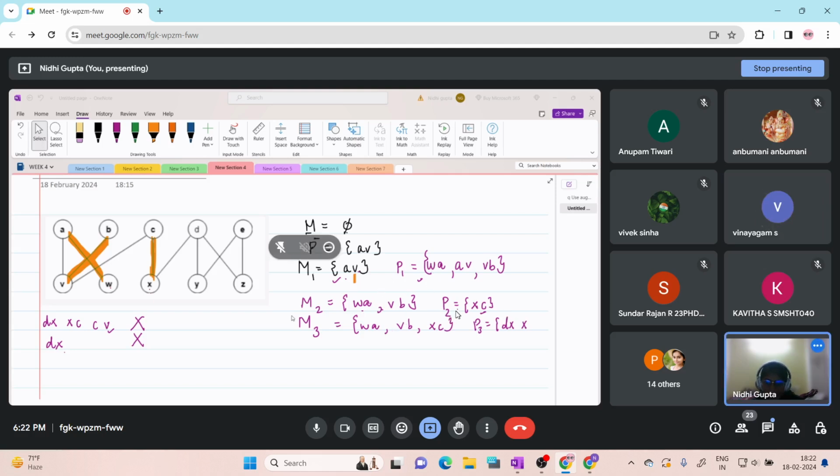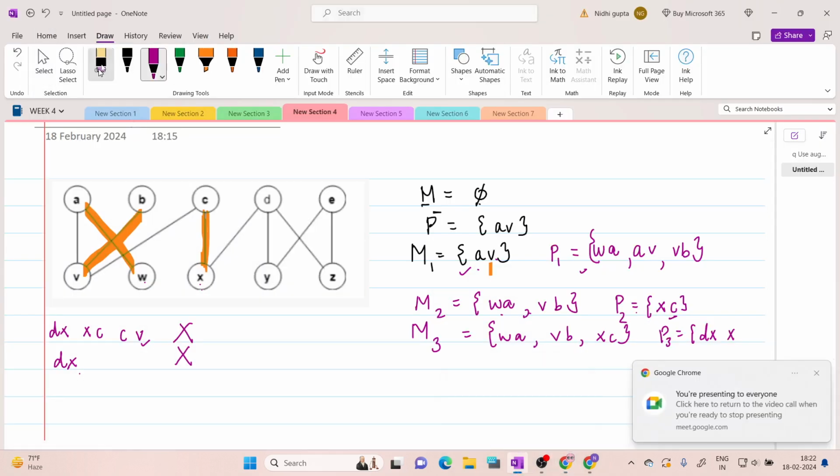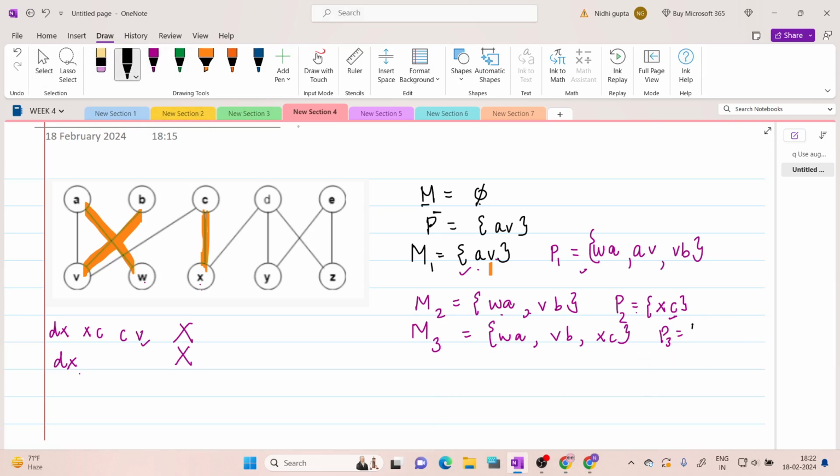So if you are not able to construct an augmenting path of more than one edge, do you think there is any augmenting path with just one edge here for M3? Yes, correct, DY is an augmenting path, for the same reason.